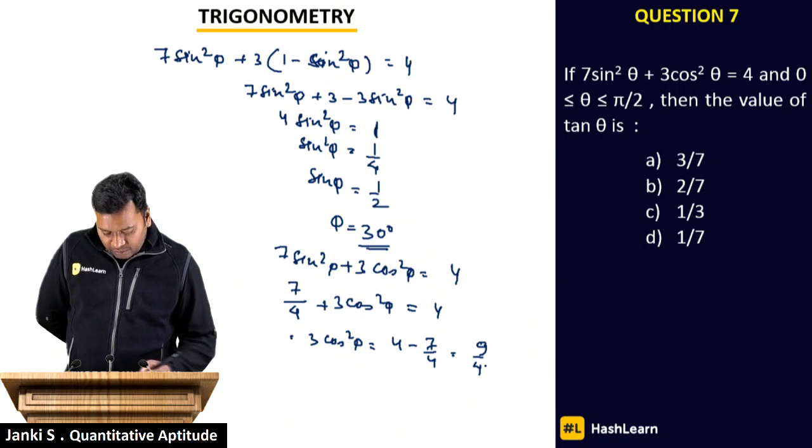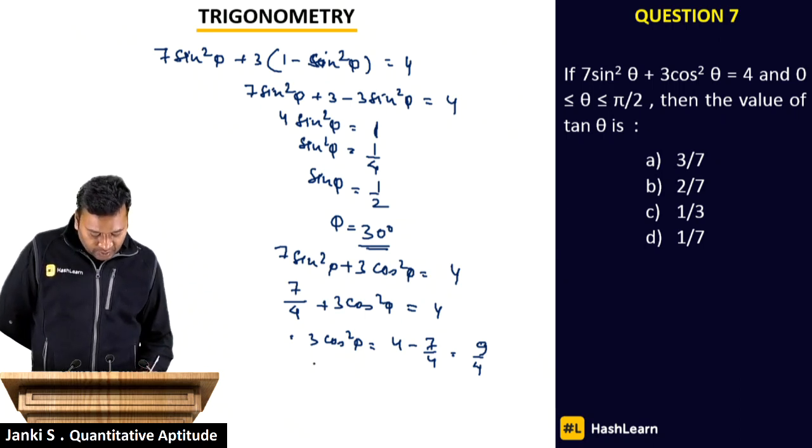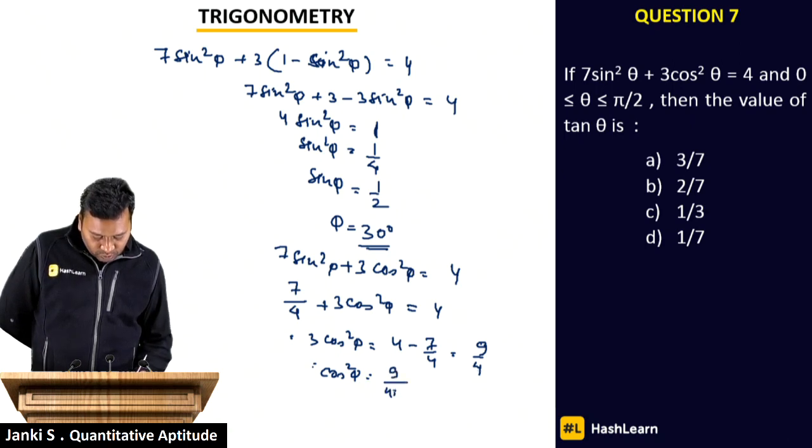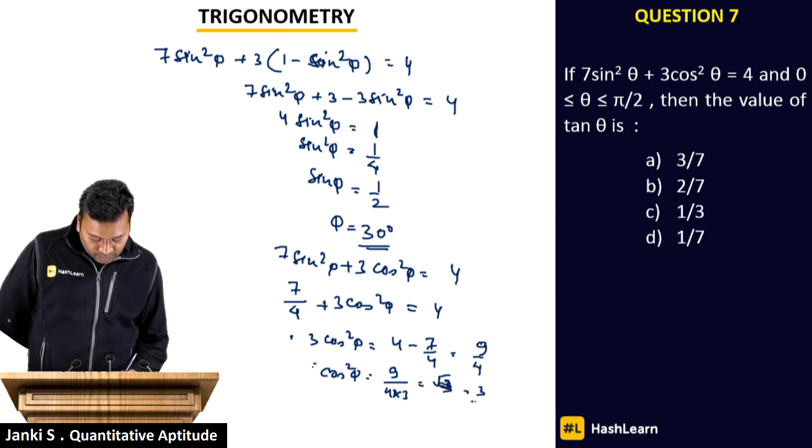So cos square theta will be 9 by 4 into 3, that's nothing but 3 by 2 here. That means cos theta is nothing but root 3 by 2, right?